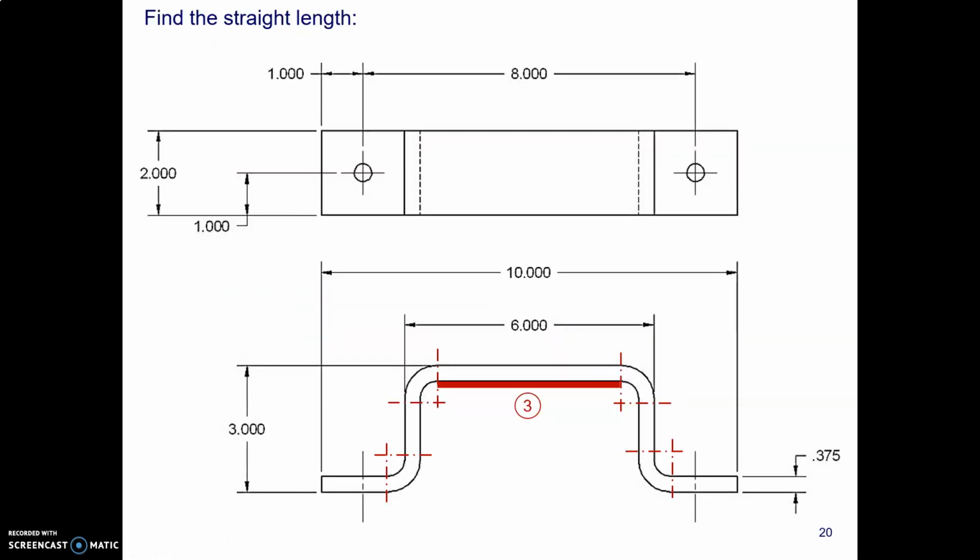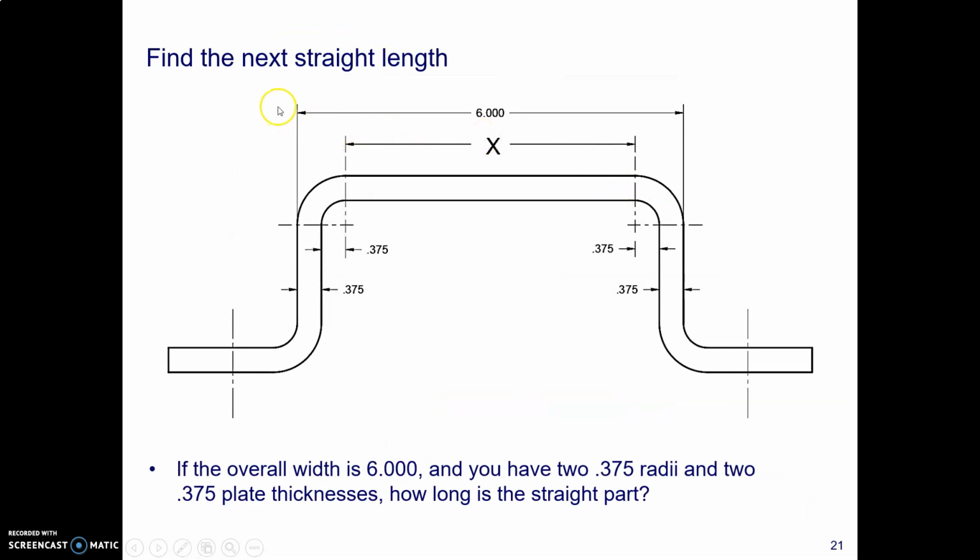All right, now let's find the straight length inside this centerpiece. Thing number 3 here. So what do we have? We have a 6-inch overall width minus 3/8 material, minus 3/8 bend radius coming over to the other end, minus another 3/8 bend radius, minus another 3/8 material. What have we got? 6 minus 3/8, 3/8, 3/8, 3/8.